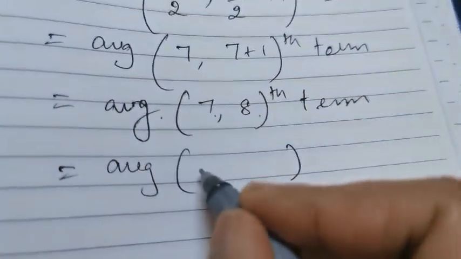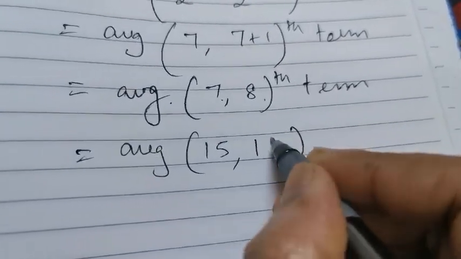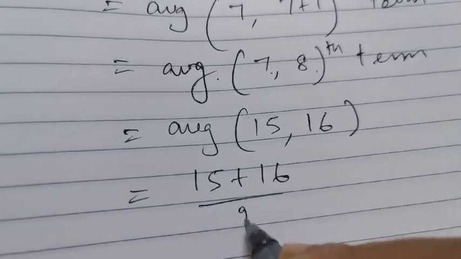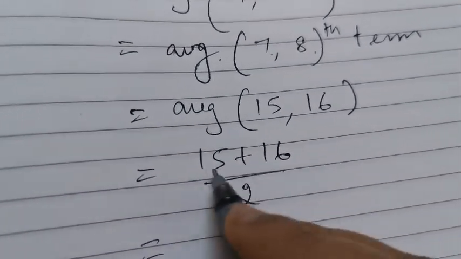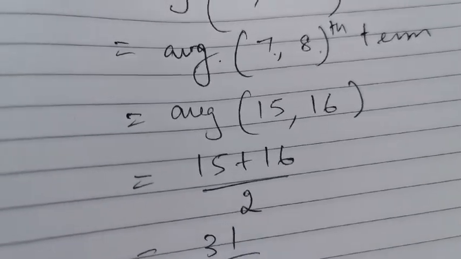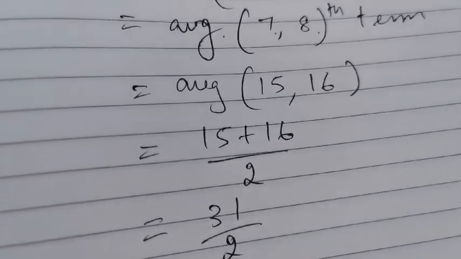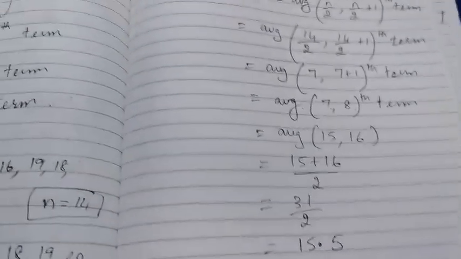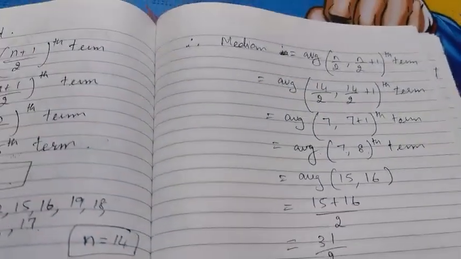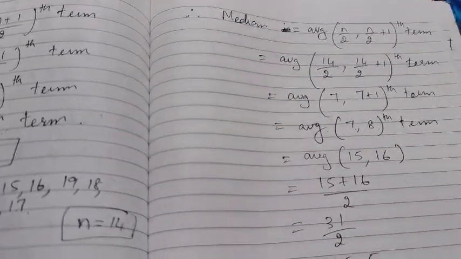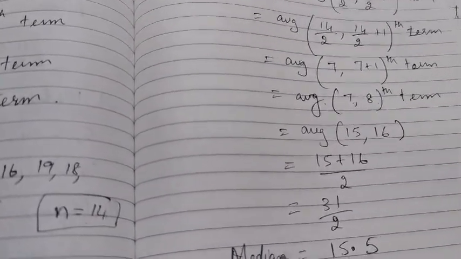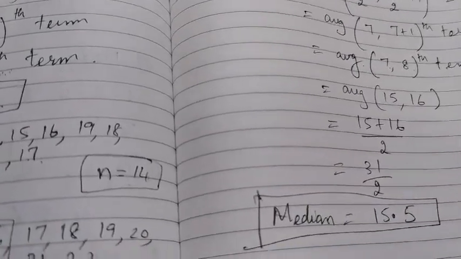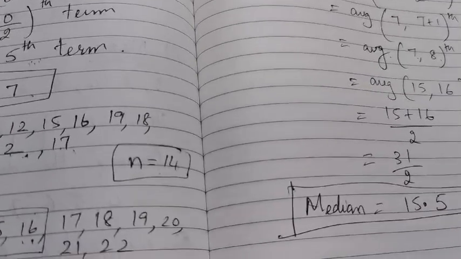So we are going for the average of 15 and 16, which is 15 plus 16 divided by 2. 15 plus 16 is 31, divided by 2, which is equal to 15.5. So our median here is 15.5. This is how you will find your median for odd and even numbers of data.